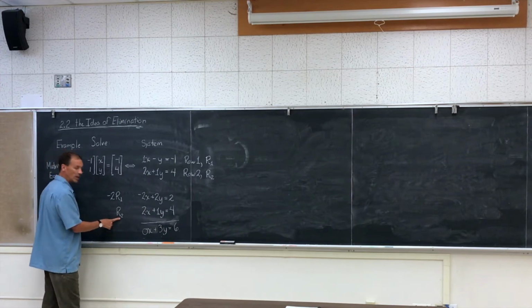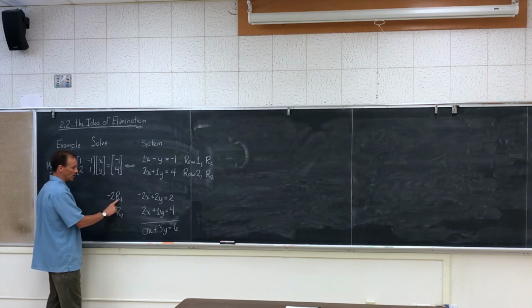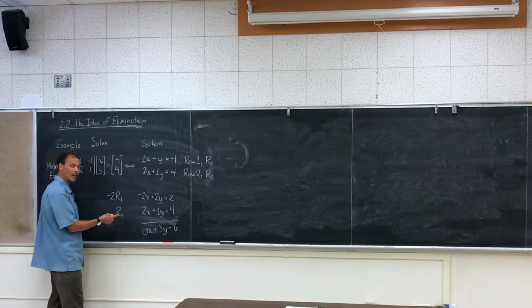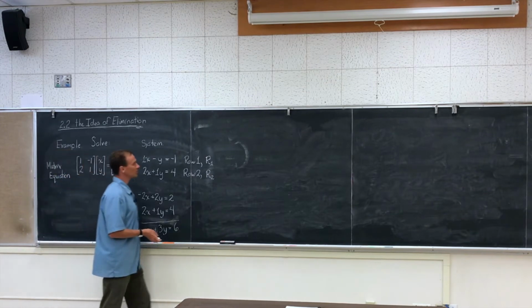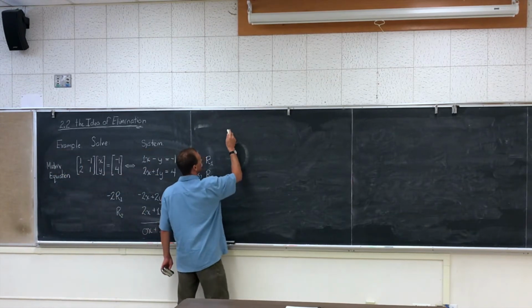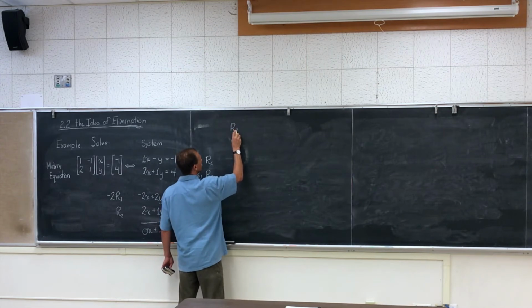We're going to change row 2 by some coefficient times row 1, and then we're going to add those, or subtract as appropriate. So here's what we're going to do. I'm going to write my instructions as: we want to change R2, so this is the row we're working on.